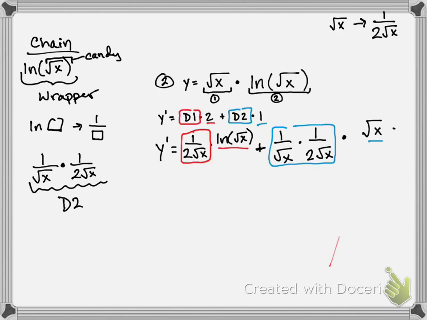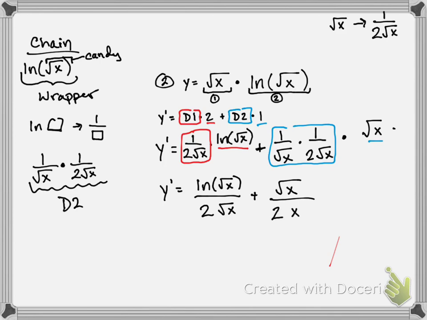I've got it color-coded to help. Now it's just simplification. When I multiply those two red pieces together, you get ln square root of x all over 2 square root of x, plus square root of x in the top all over 2.